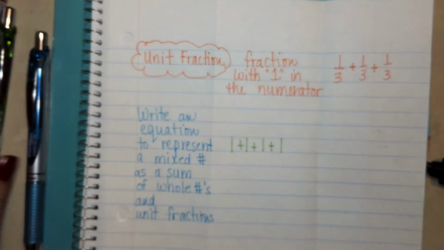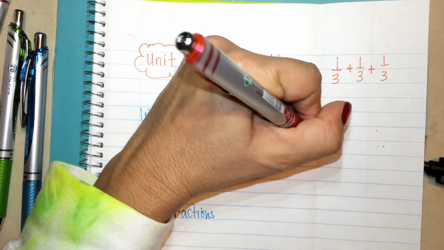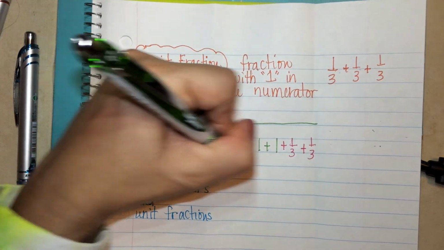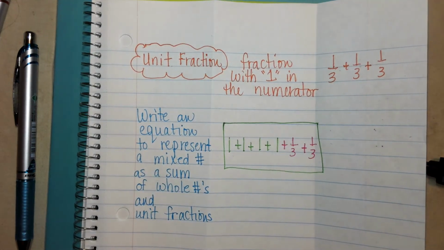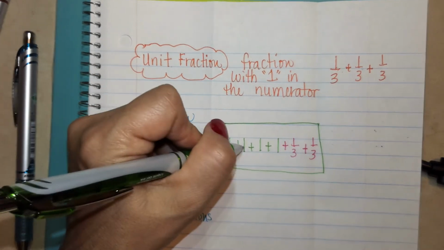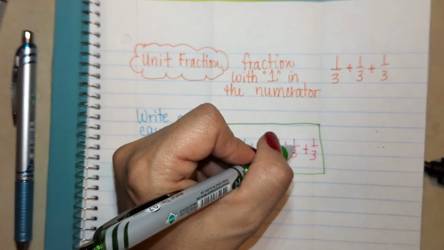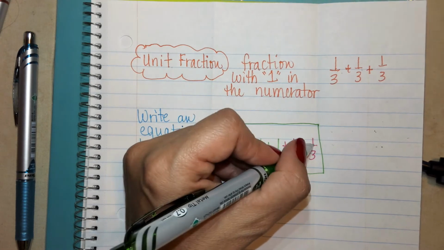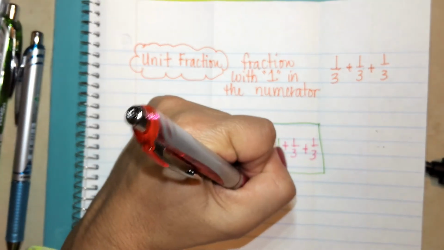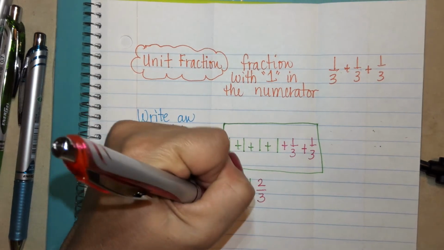Those are the whole numbers, plus 1/3 plus 1/3. And we want to know what we get total. Okay, well, you add up the whole numbers, 1, 2, 3, 4, and you add up the fractional parts, you have 2 unit fractions, that's 2/3.